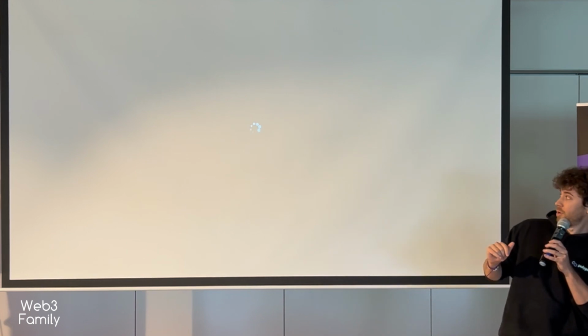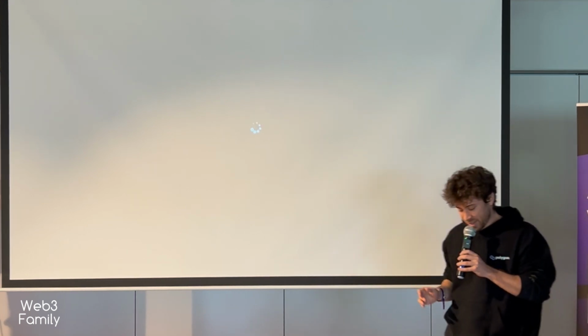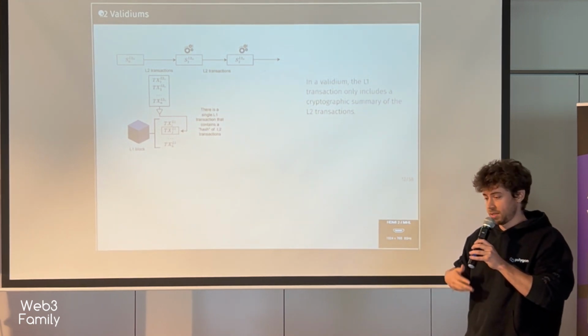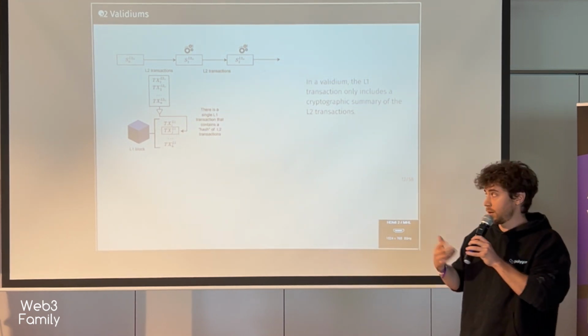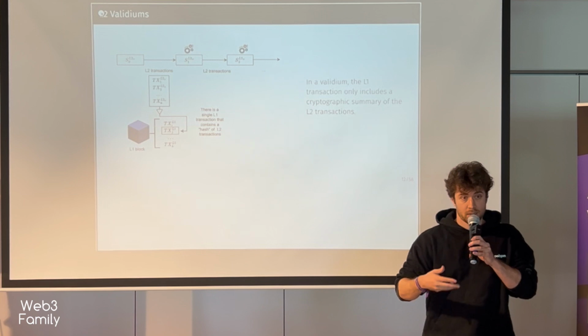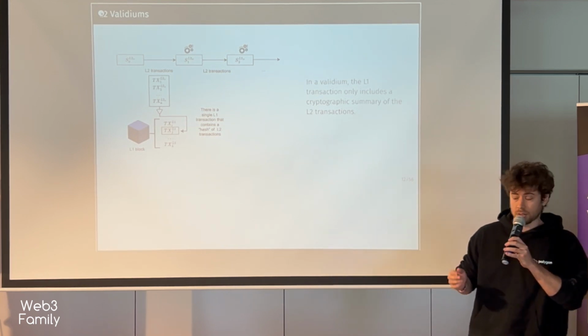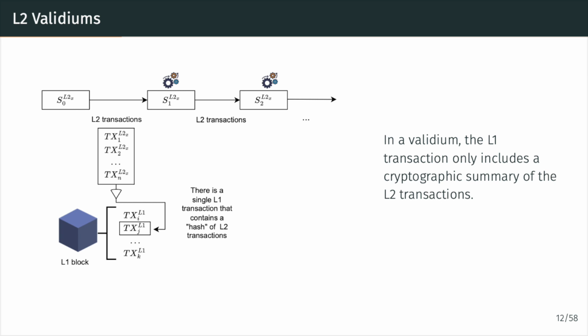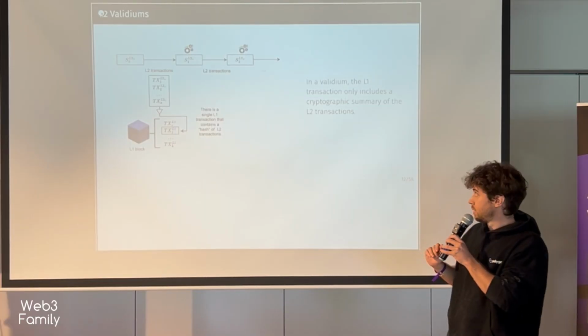It has some advantages: we are very decentralized and very secure, as Ethereum is giving us these features. But the disadvantage is that this is very expensive. Actually, 90% of the cost of a rollup transaction is consolidating the data on Ethereum.